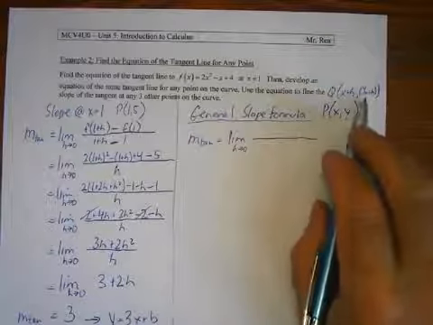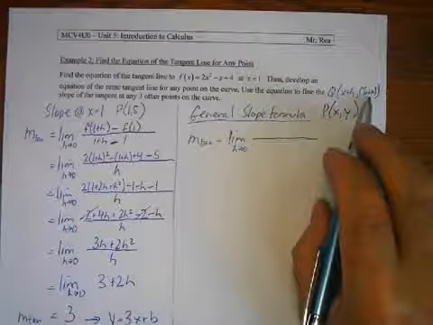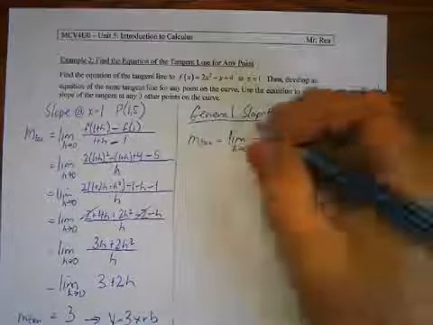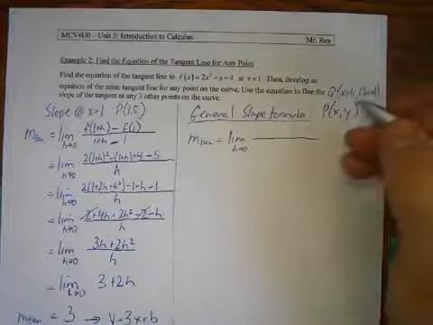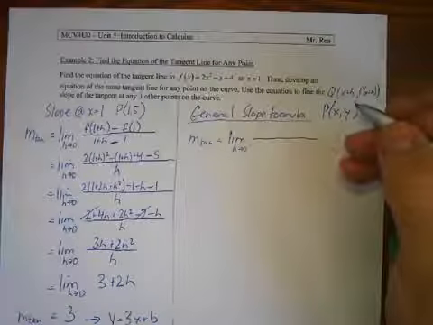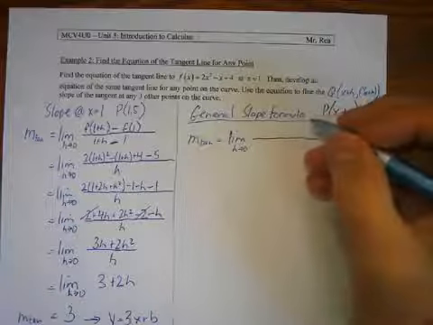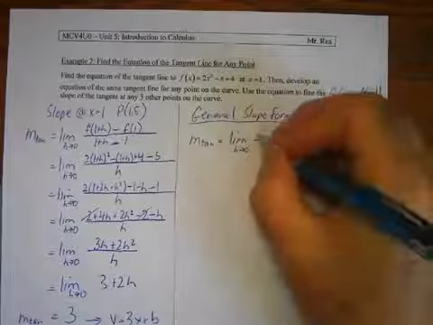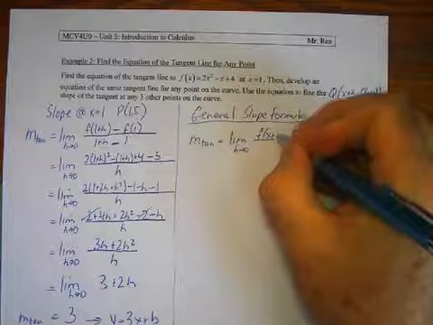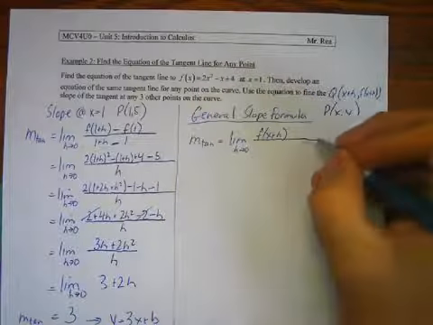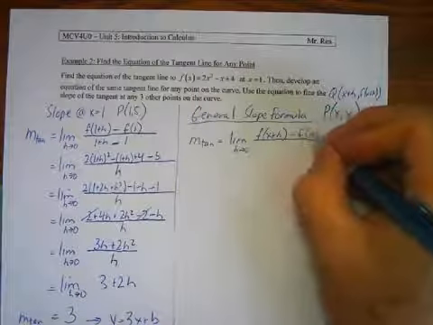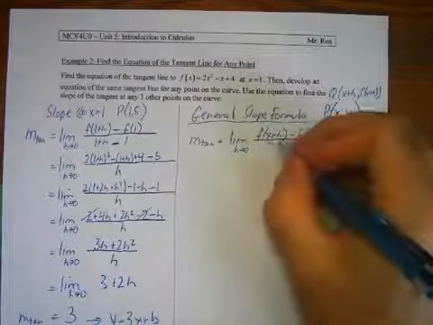So our change in y is basically the value of f of x plus h minus f of x, and the change in x is x plus h minus x. This is the point Q.